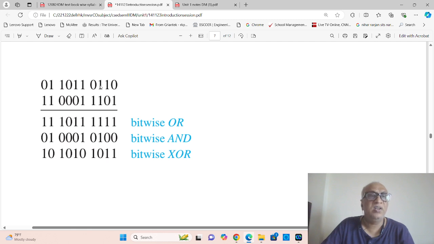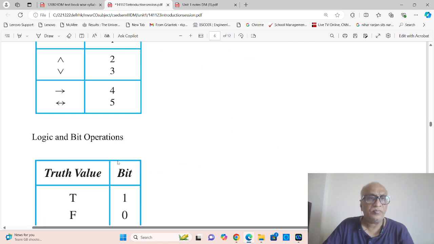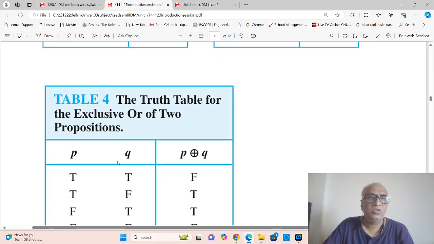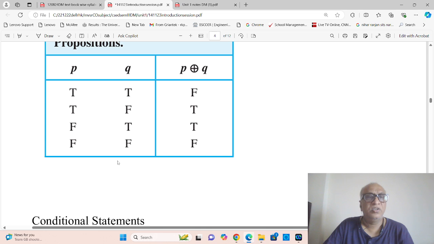For example, for AND, both the inputs are 1, the output is 1. In OR, if one of the inputs is 1, the output will be 1. And in XOR, we have already seen the behavior of XOR. This is the premise for XOR: if both input truth values are there, the output will be false.